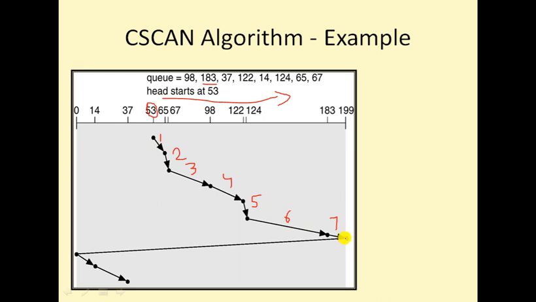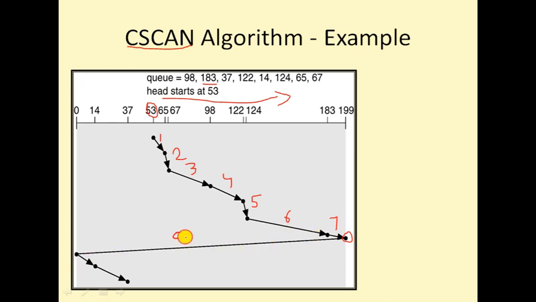So the head starts from the current position and moves towards the end of one side, 199. In case of the scan algorithm, from 199 it moves towards the opposite direction and takes the requests of 37 and 14. But in the CSCAN algorithm, from this point it directly goes to the opposite end without taking any request. So from 199 it comes to 0.